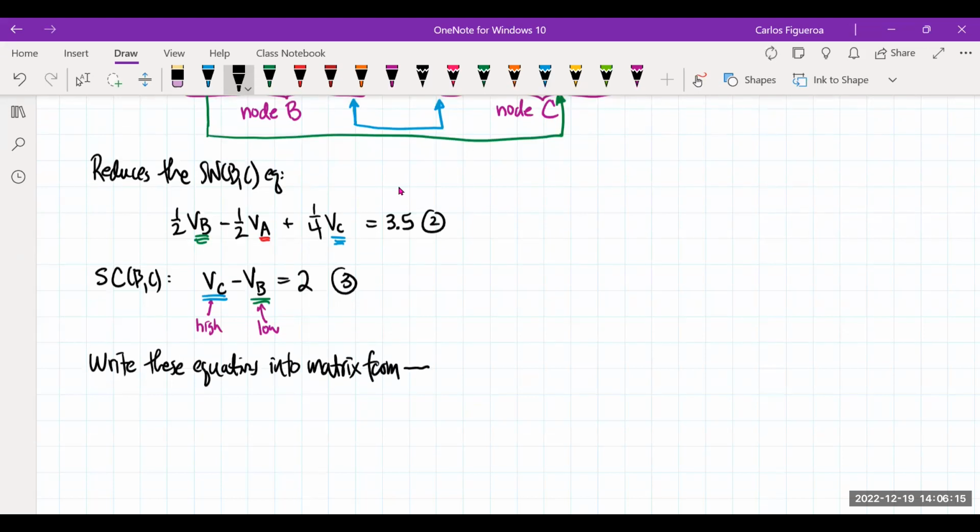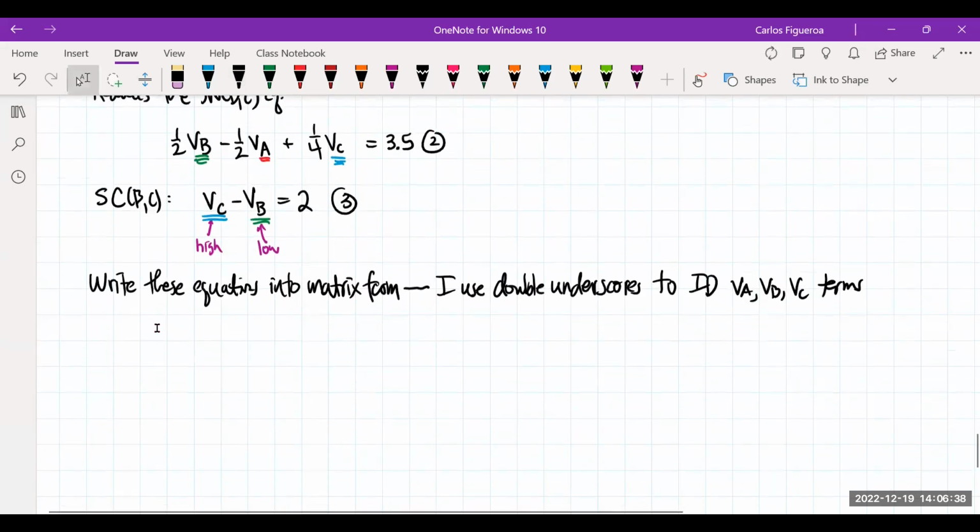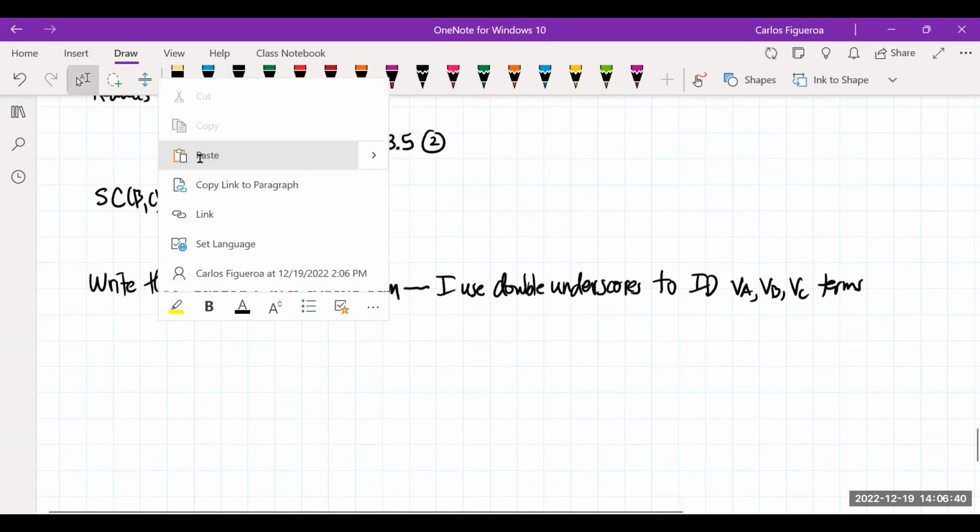And you've been seeing that I use double underscores to identify VA, VB, and VC terms. As I've been going along, typically I don't do that, but I was just trying to emphasize this.